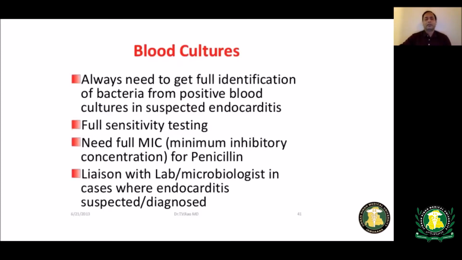So one of the diagnostic tests we do is blood cultures, and there are different ways to do the blood cultures. They should be done at 2 different sites and at 2 different times, and you should do aerobic and anaerobic bottles. It helps for multiple things. It can help us diagnose the endocarditis.